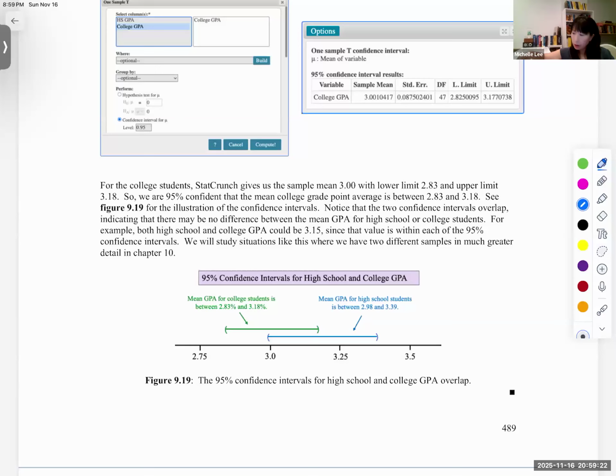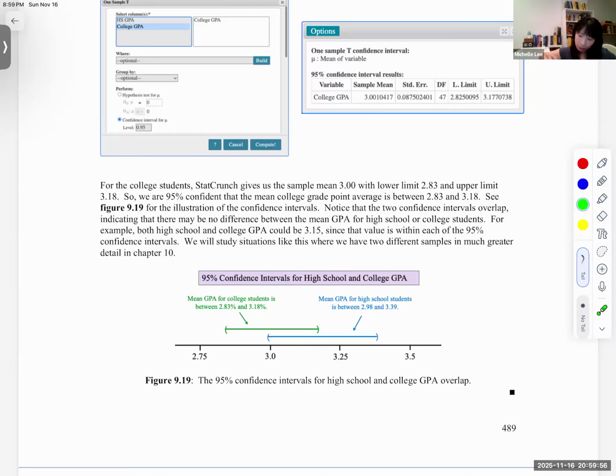Okay, so let's take a look at the confidence interval, right? So this is the actual interval, right? The high school GPA is between 2.98 and 3.39, slightly higher than the college students' GPA, right? So the college students' GPA is between 2.83 and 3.18, right?